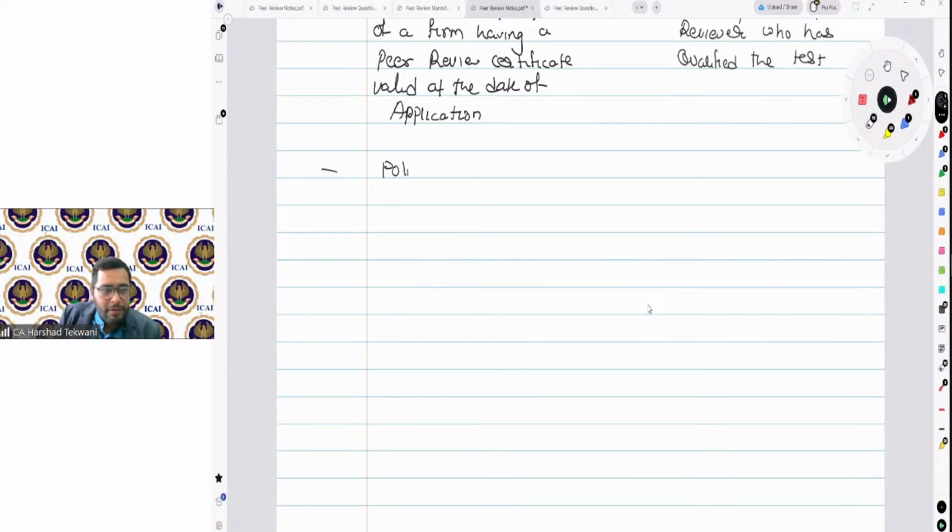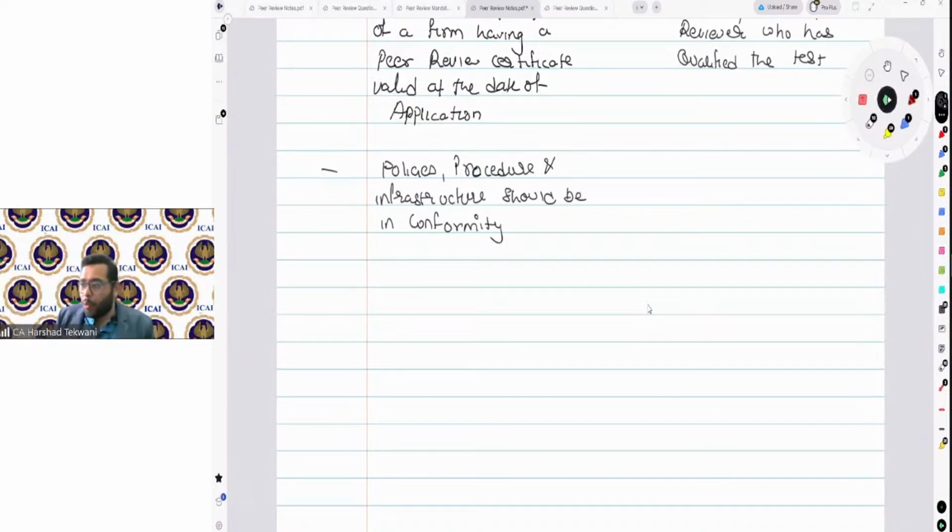So policies, procedure, and infrastructure should be in conformity with SQC1.